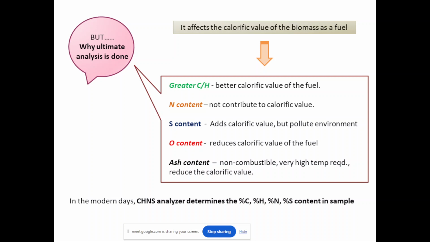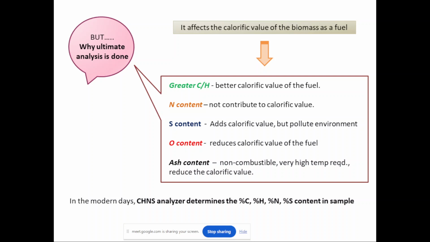But if the carbon percentage is more, then it is a sure shot that that particular fuel will have a high calorific value. Whereas in case of nitrogen, the nitrogen does not contribute to your calorific value. The reason is that nitrogen is a non-combustible gas.